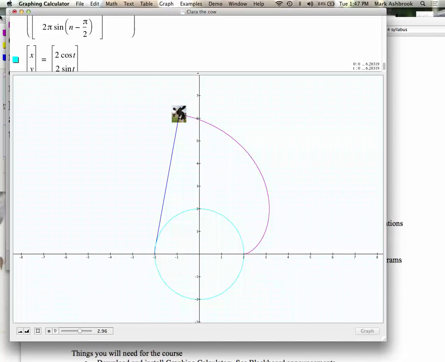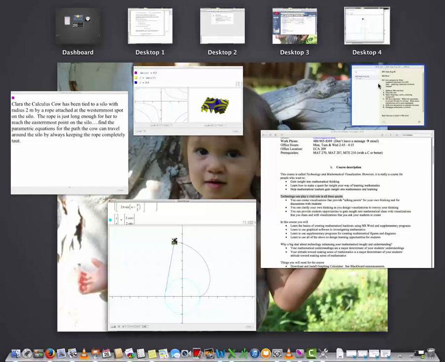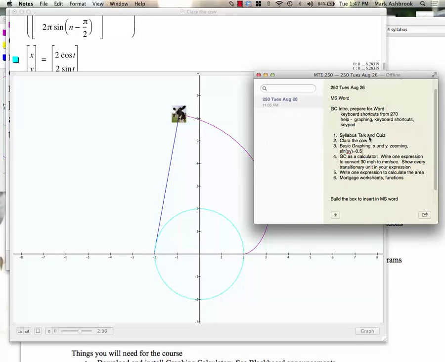Okay, so let's get out, let's start playing with this. Get out your laptops and let's open up Graphing Calculator and start learning what this program is about. Here's what I'd say.